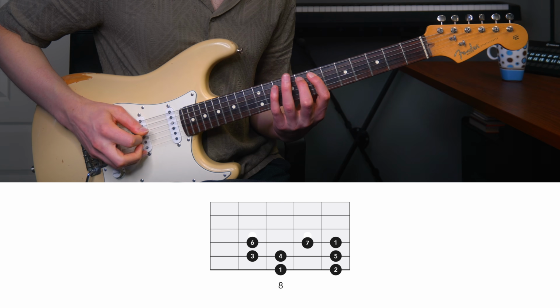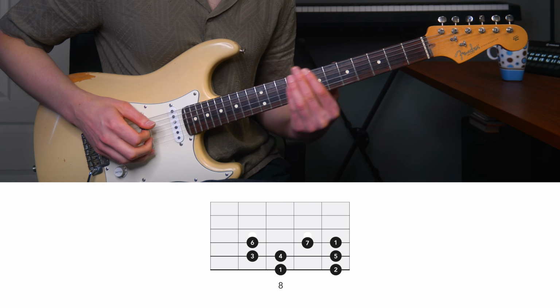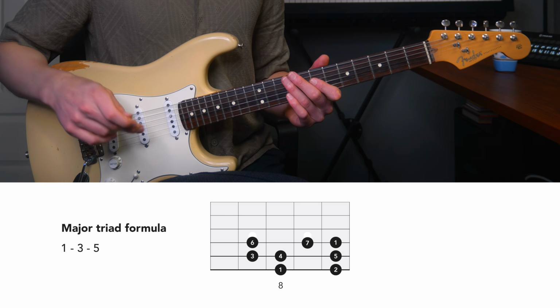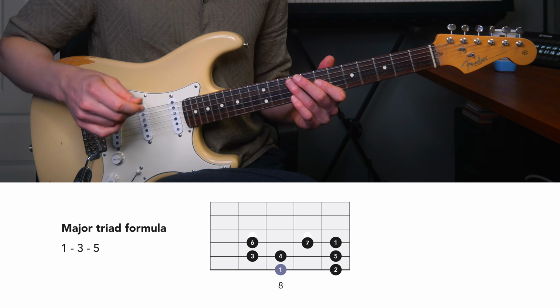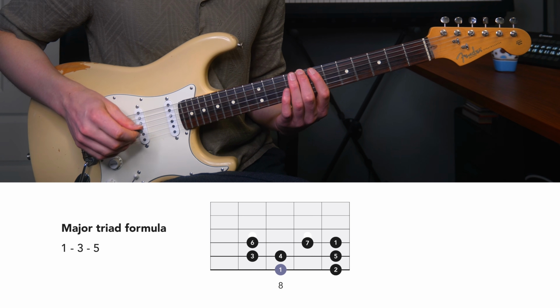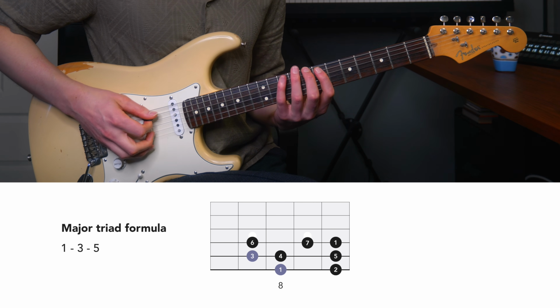And the formula for a triad is very simple. It's 1, 3, 5. That means in the major scale, we can first play a note, the first note. Then we skip a note and play the next note, the 3.